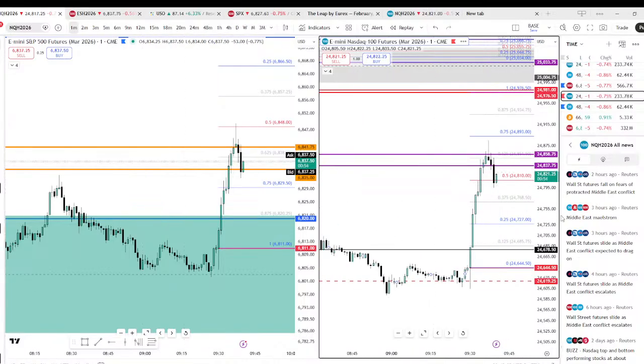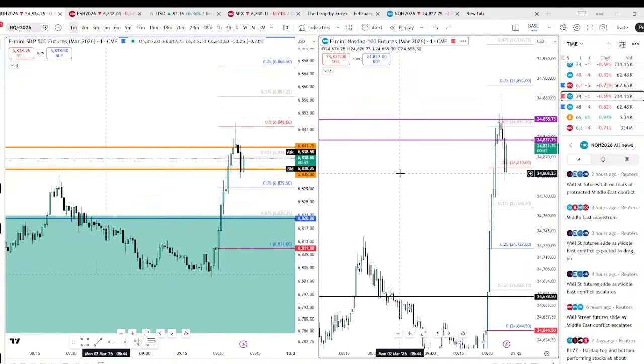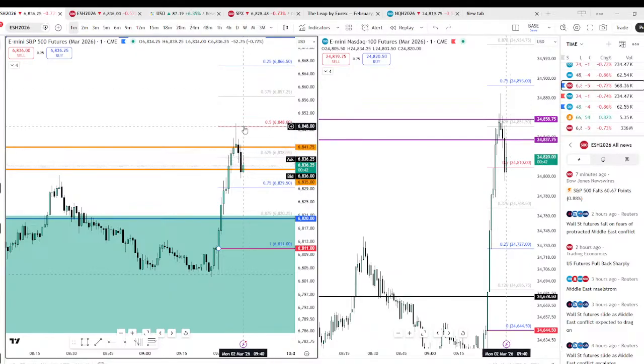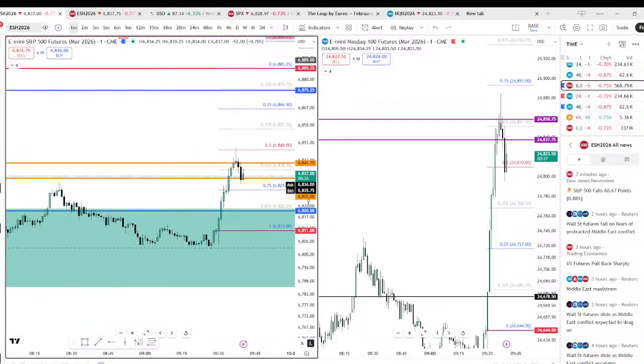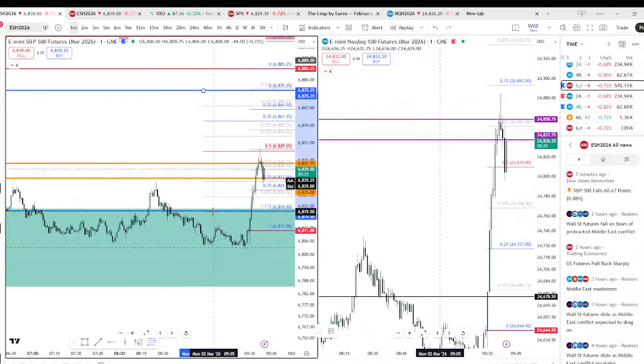Same was reflected in the NASDAQ with a new day opening gap. 50% was booked on both the, let's see, yeah, 50% for both regular trading hours and electronic trading hours.